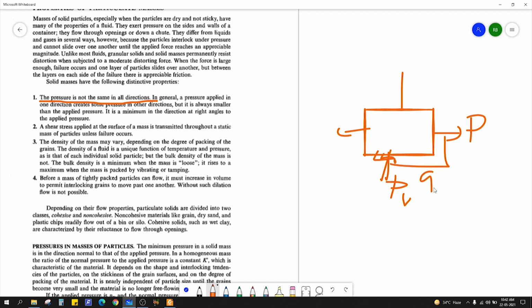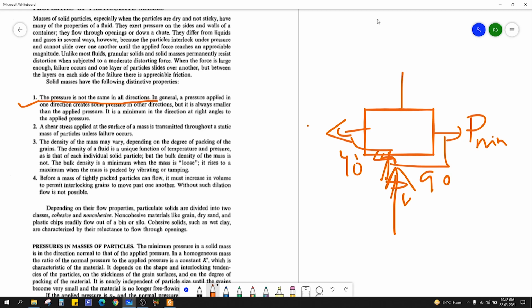So in this direction, it will be the minimum pressure felt if you apply pressure in this direction, right? But for liquids and gases, it is the same in all directions. Fine. Second, a shear stress applied at the surface of a mass is transmitted through a static mass unless failure occurs.